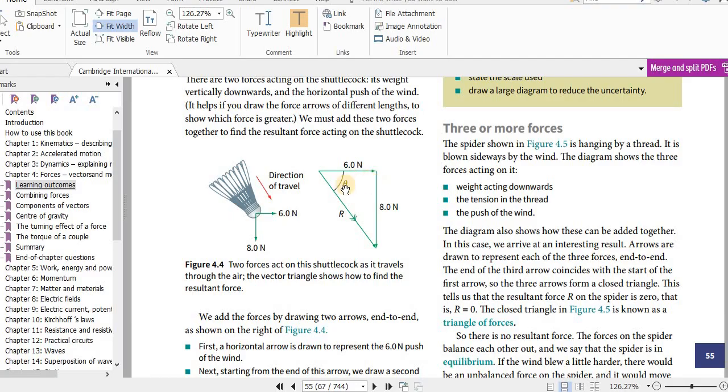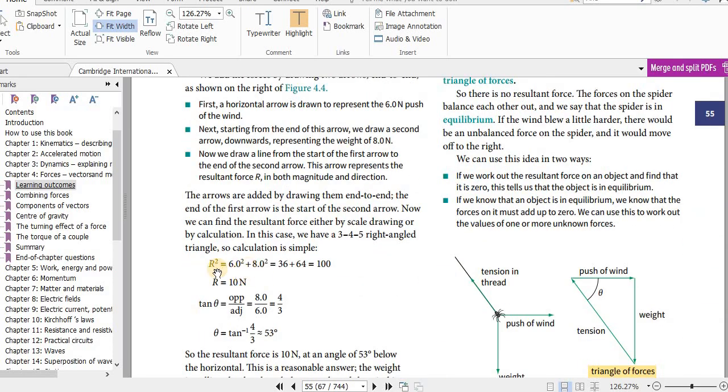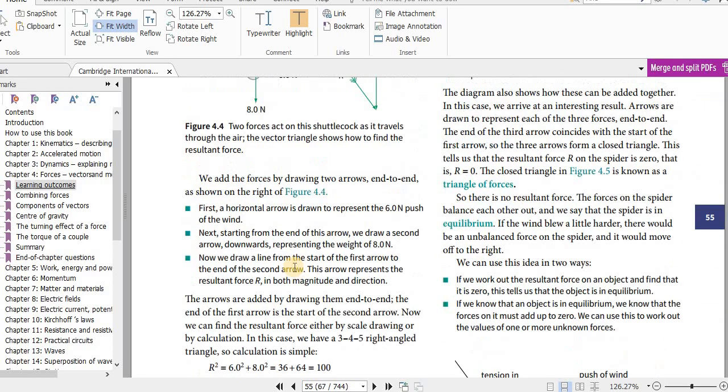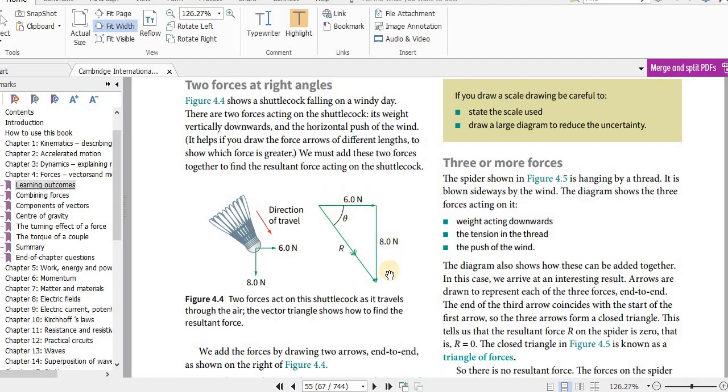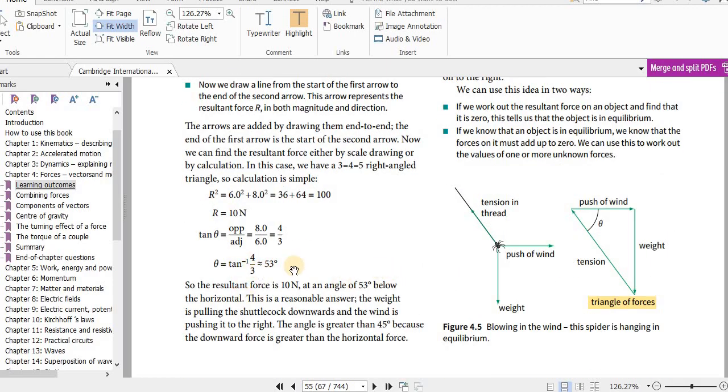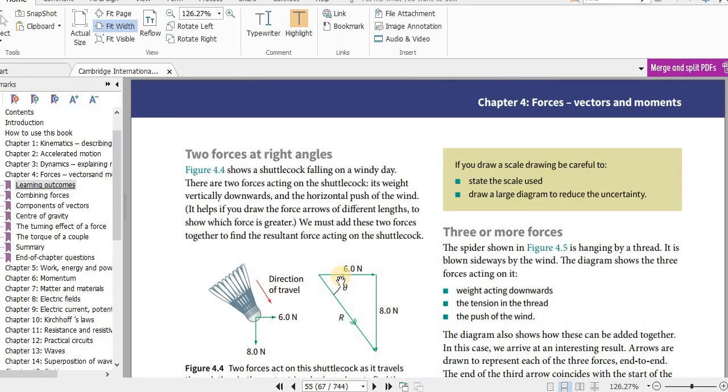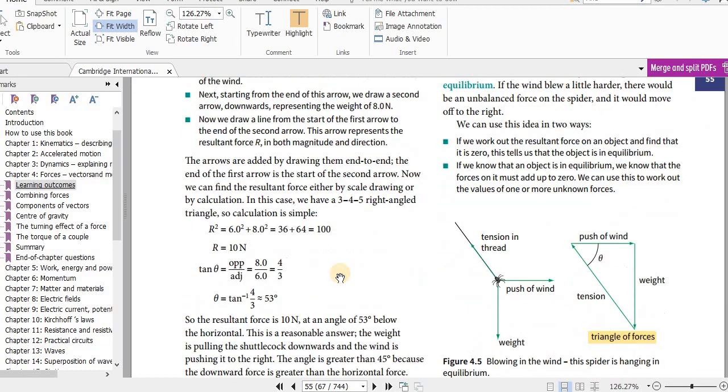We can also find the angle here using trigonometry. We can use tan to find the angle, and that is what is explained here. You can use Pythagoras theorem to find the resultant of these two forces, and you can use trigonometry to find the angle between these two forces.